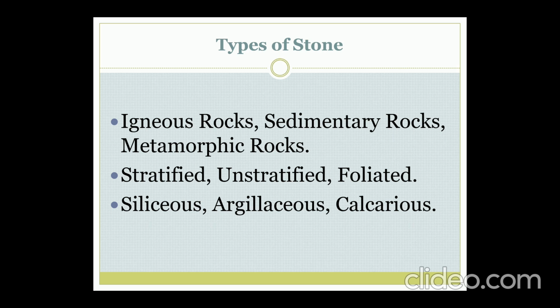The metamorphic rocks are formed by layers of rocks on one another. They have very little strength. And stratified, unstratified, foliated, siliceous, argillaceous, calcareous, all these are types of rock stones.